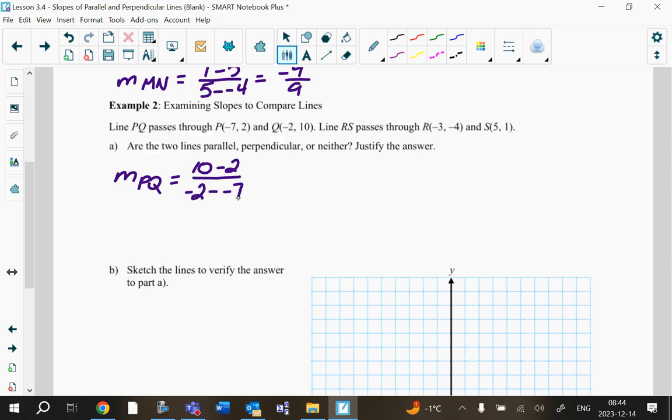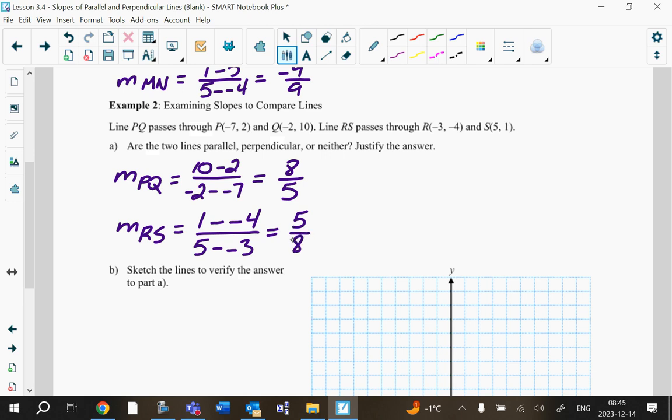That gives us 8/5. And for the slope of RS, we get 1 subtract -4 over 5 subtract -3. And that gives us +5 over +8.